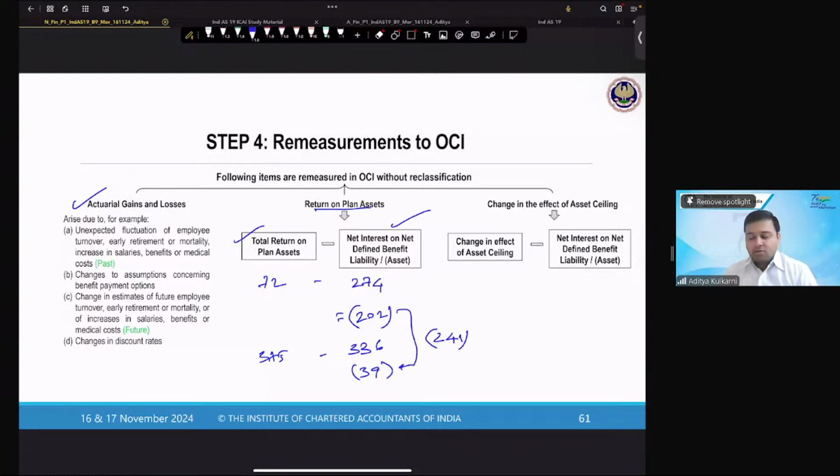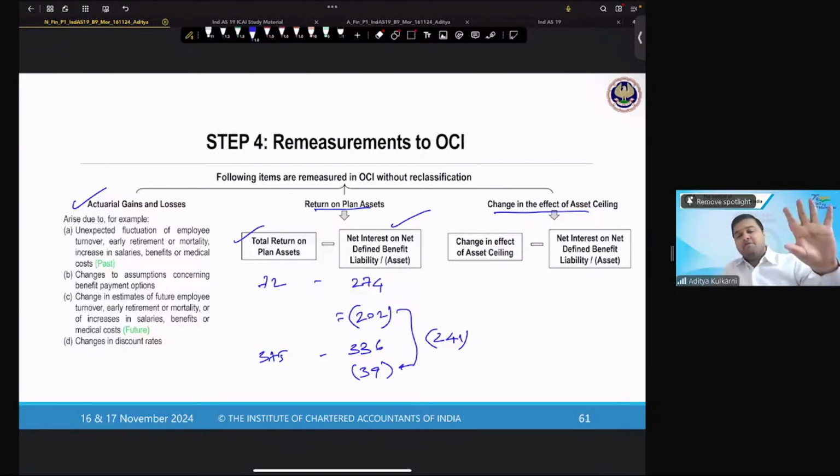So many times, if you read the theory directly, you may not understand. So the best thing is we do a question, then we connect the figures backward. That makes it easy. Change in effect of asset ceiling. We saw one question where 225 and 175 came. The net defined benefit asset was 225, but the asset ceiling was 175.